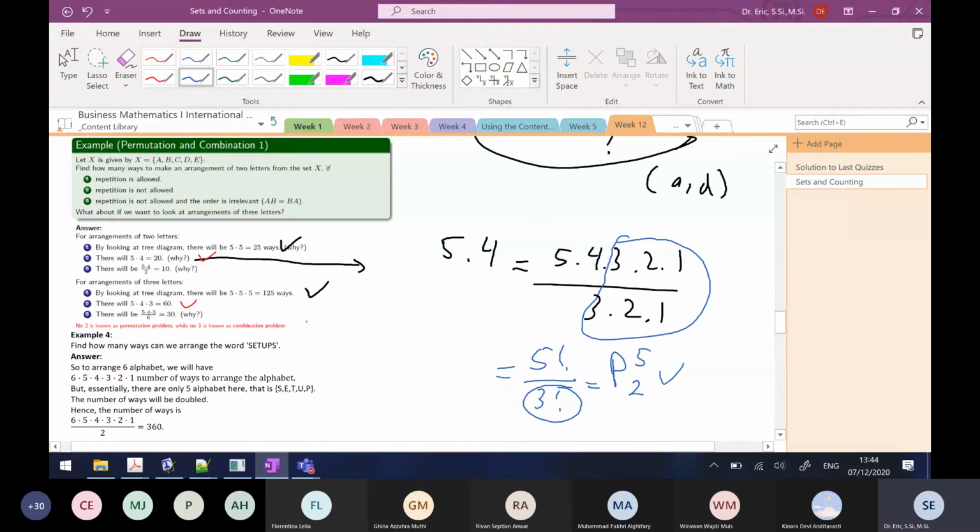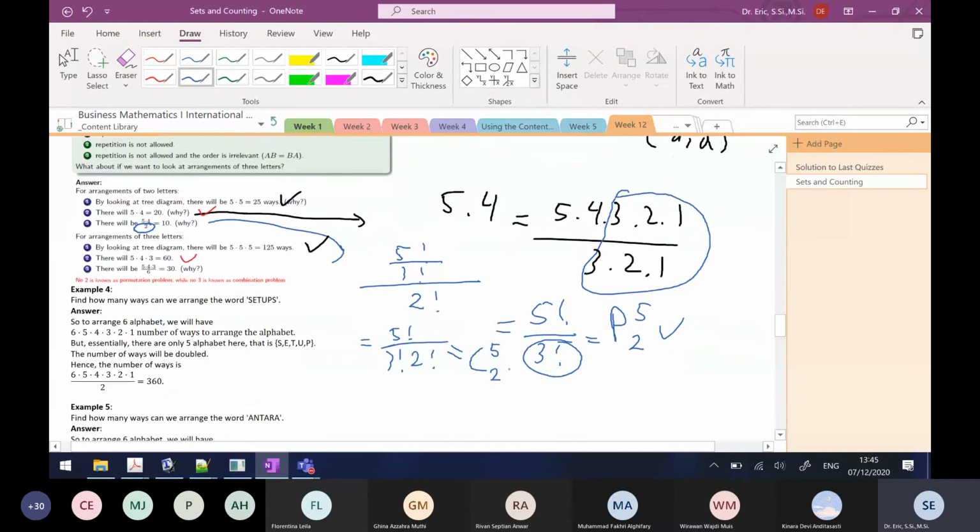What about this one? This is just 5 factorial divided by 3 factorial. Don't forget, it is counted double, so you have to divide by 2. So you have 5 factorial divided by 3 factorial divided by 2 factorial. This is what we usually call combination 2 out of 5.